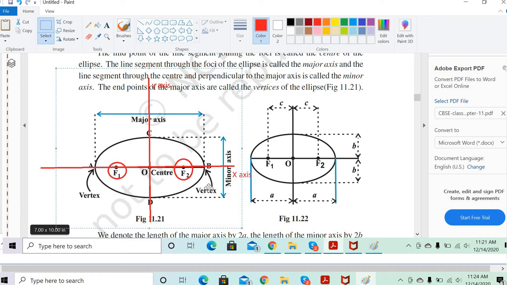Now in the same diagram, just upgrade with figure 11.22. We'll try to define what is A and what is C in this part. Let's understand the same part, so that we are clear about the major axis and the line which is symmetrical for the major axis and for the minor axis.